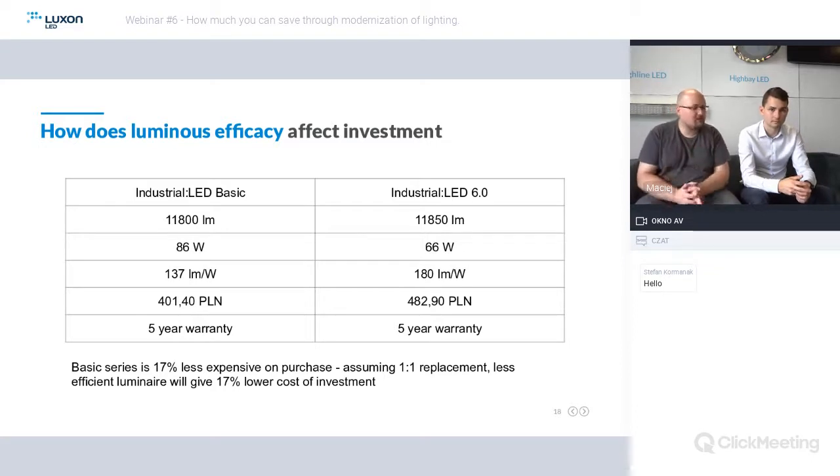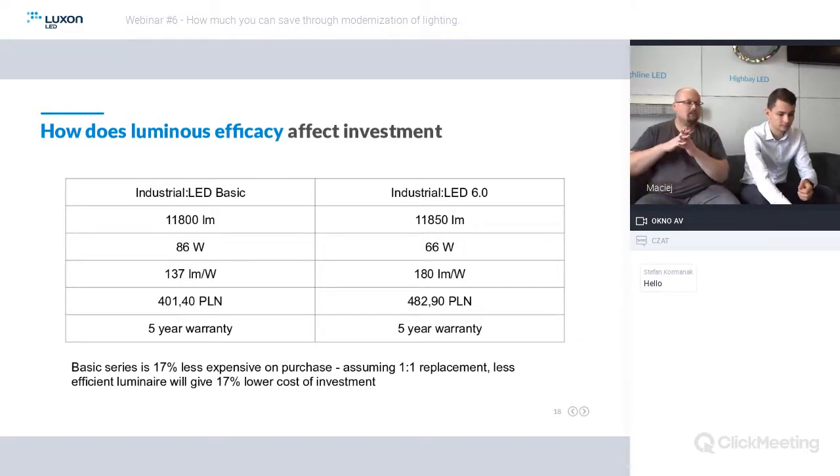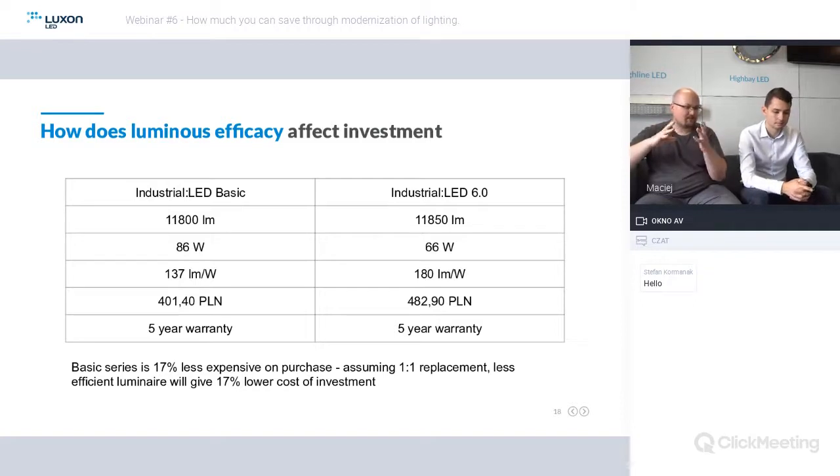So 5-year warranty for both of the products. And as you can see, based on the price alone, and basically the same lumen output, there's a 50 lumen difference between the two, and the light distribution is exactly the same. So doing the lighting project, you can assume that you will use exactly the same amount of luminaires from the Basic series and from the 6.0 series.